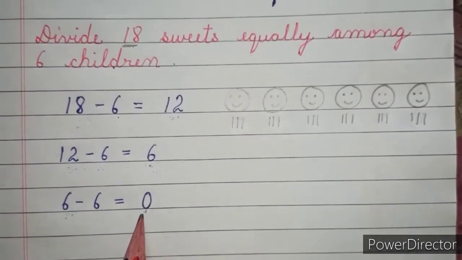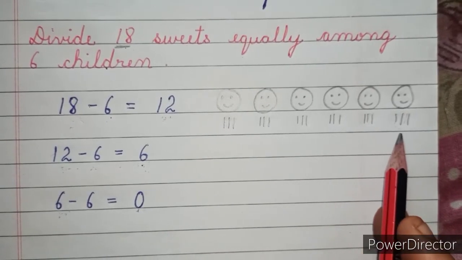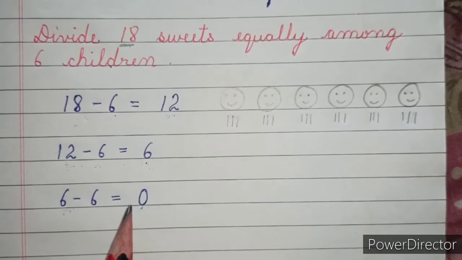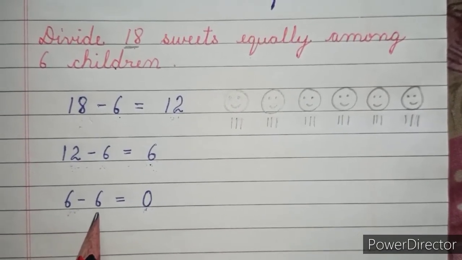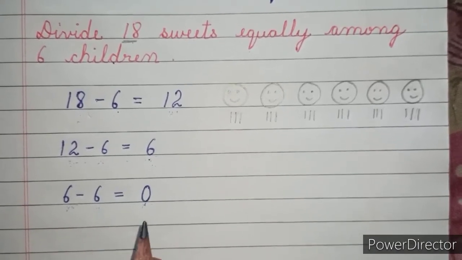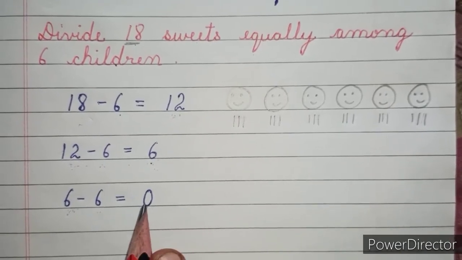Because we again give one more sweet to each child, then we will be left with 0 sweets. Children, when we subtract 6 from 6, the answer is 0. So we have 0 sweets left.